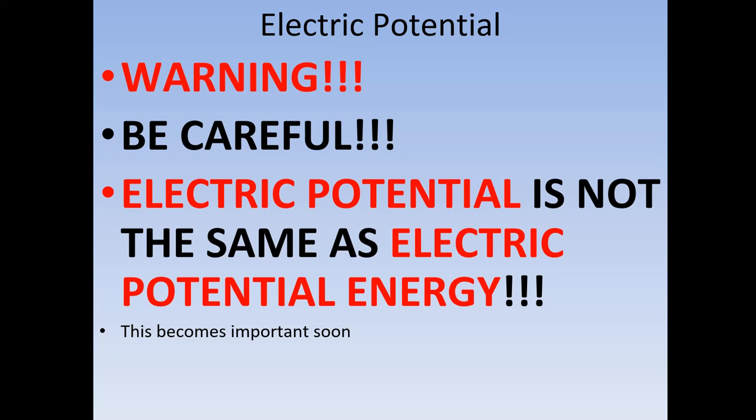Now, you should know that the potential represented by the symbol V is the only symbol that we have that has the same symbol as its unit. Volts and voltage are both represented by V. Again, only one that's like that. Typically, you have things measured in units that have no relation to the symbol. This one's the only one that does.